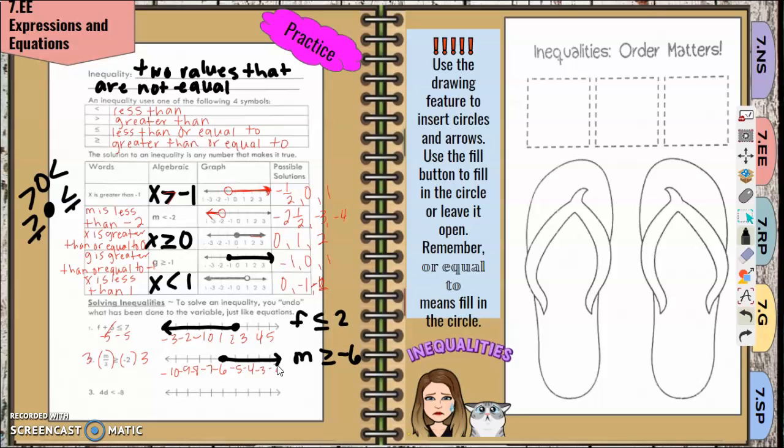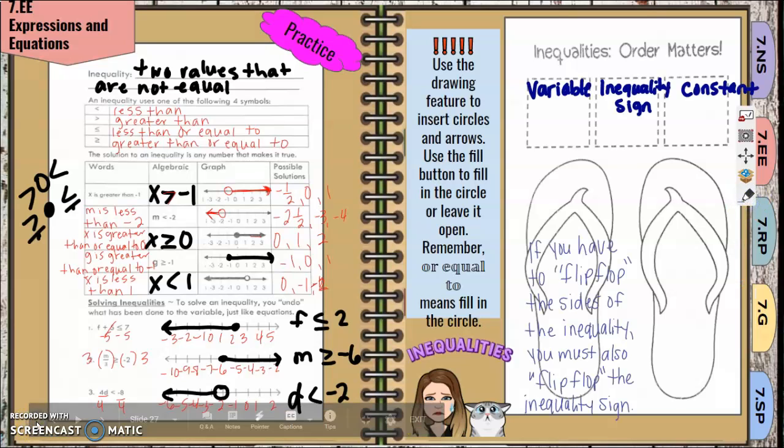And for the last one, the opposite of multiplying is dividing. D is less than -2. So that's going to be an open circle on -2. And I'm shading everything to the left because D is less than -2.